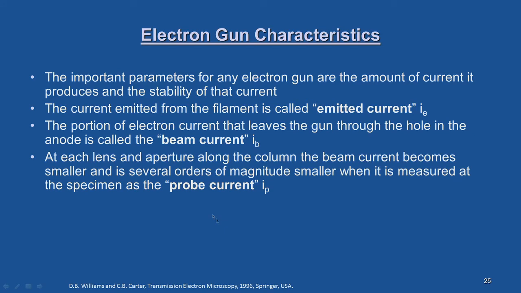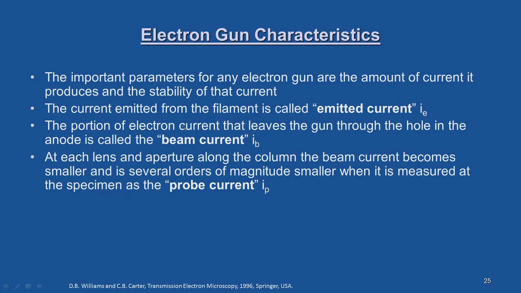So, what are the general characteristics of an electron gun? The important parameters for any electron gun are the amount of current it produces and the stability of that current. The current emitted from the filament is called the emitted current, IE.